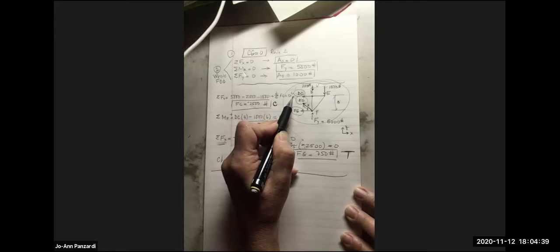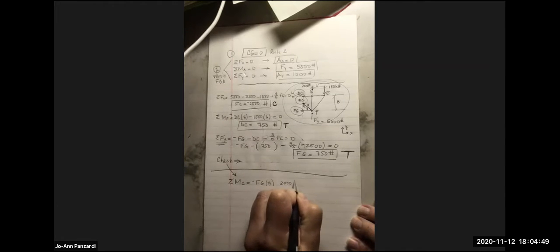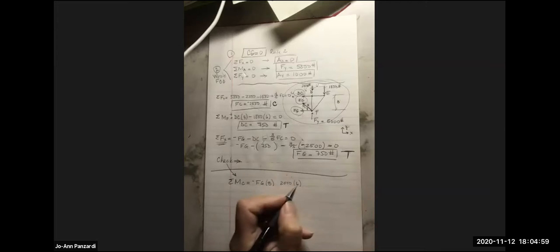So when we do the sum of the moments about C, we have FG times 8 negative. We have 2,000 times, what's this distance? 6 feet. I'm not going to put the feet. 6 negative. 1,000 times 12 negative.